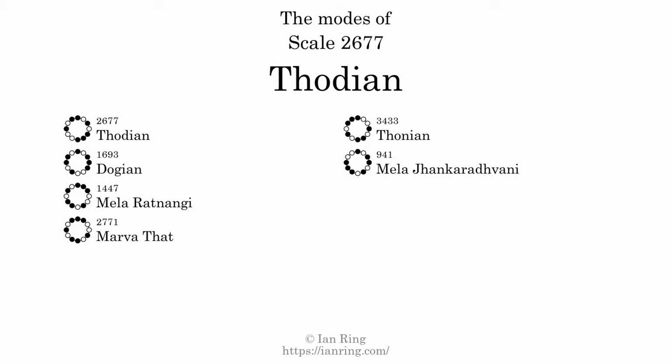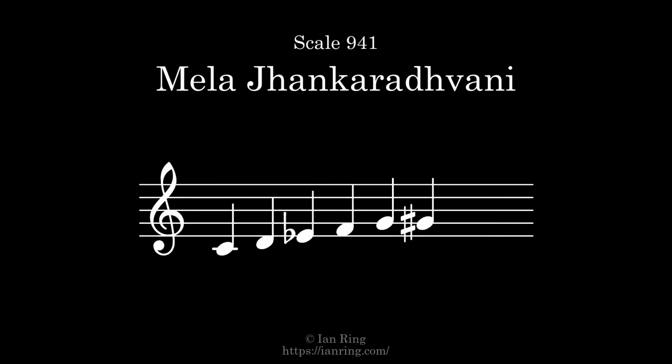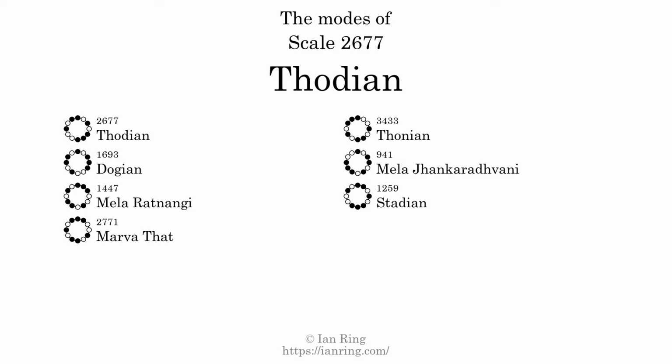The sixth mode is scale 941, also known as Milajankarabani. It sounds like this. The seventh and last mode is scale 1259, also known as Thodian. It sounds like this.